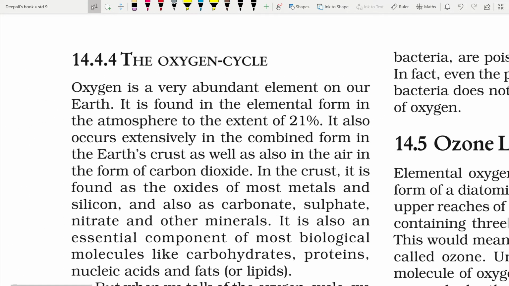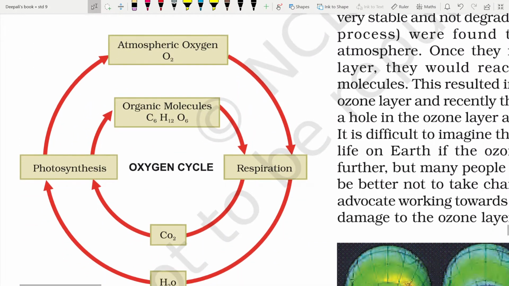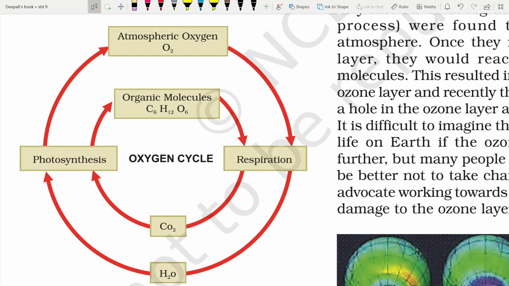So, the oxygen cycle works as a pathway from atmosphere to biosphere, and from biosphere to lithosphere and hydrosphere, it goes back to the atmosphere. This is the simplest cycle if you see.